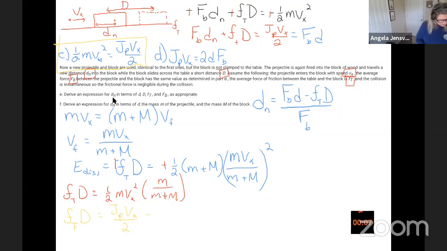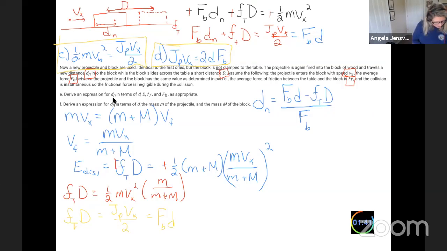And that is also equal to, if you use our results from D, D times FB. FB times D. So that is equal to, or maybe we're good on that one. Go back to black so you guys can see. Okay, so that's what we have from there.